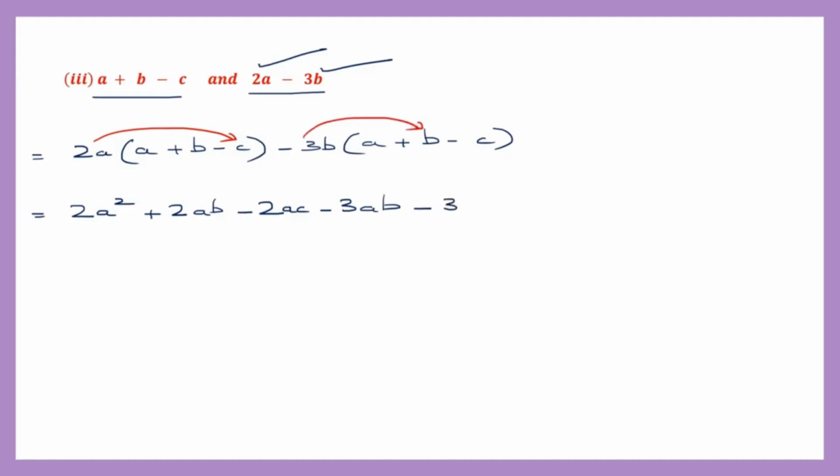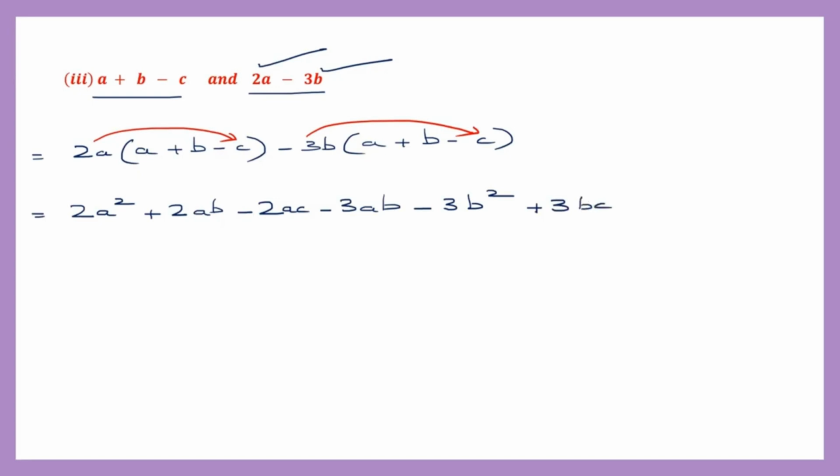The number is 3. b into b is b square. Now that we have finished this, we have to multiply minus 3b into minus c. The sign is minus into minus plus. The number is 3. b into c is bc or cb. So we'll leave it as bc.